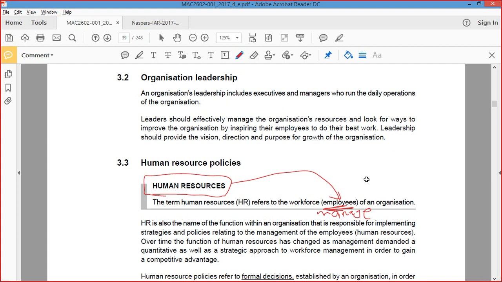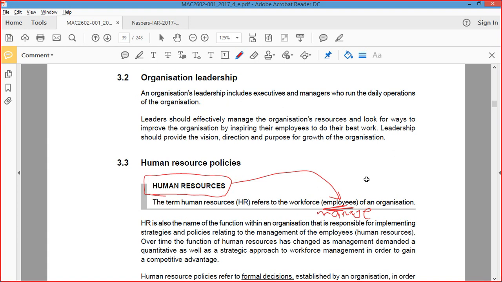They can go to the competitors, or if the employees are happy, they can take the company to the next level. So it all comes down to the people. People can either build the business to the next level, or they can destroy the business and take it down. So it all depends on what the employees are trying to achieve.